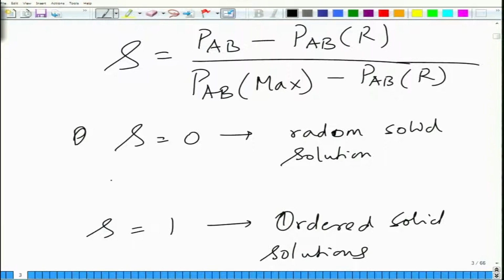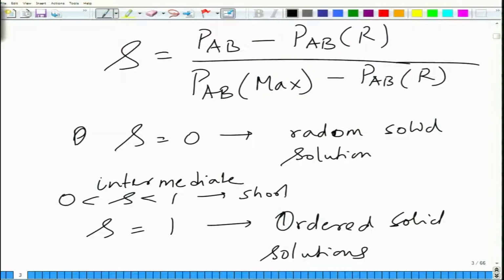And then you can have intermediate S, that is S less than 1 and greater than 0. This may be short range or partial ordering, and this is possible in a variety of solid solutions which are disordered, but may be partially ordered.